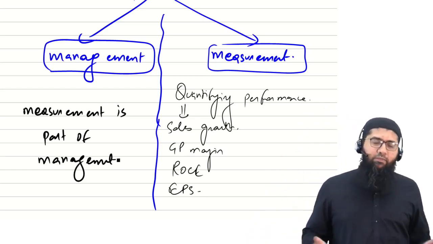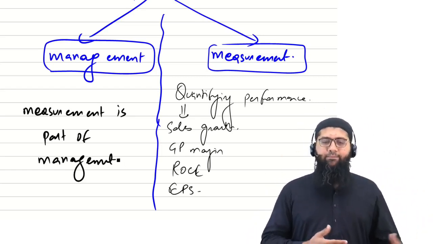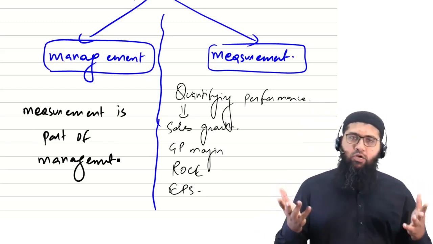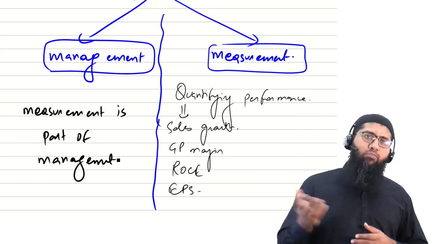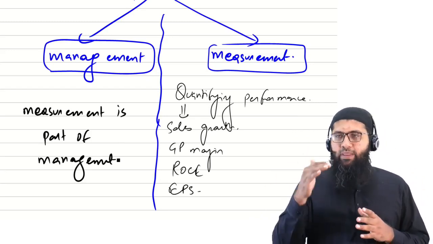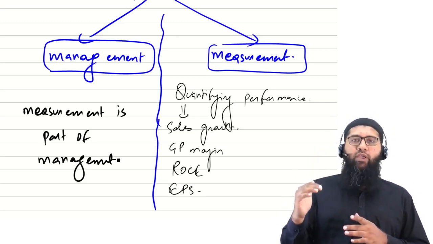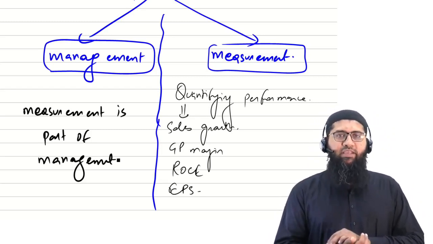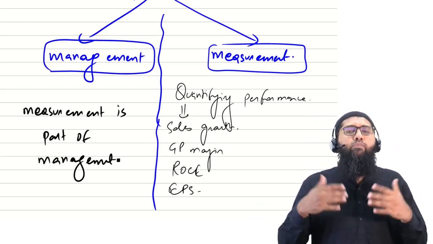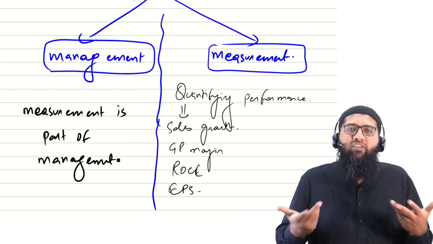You will measure the performance and then you will get an idea whether you are having good sales, good profitability, good margins. When you measure, you'll be able to identify what exactly is going wrong, where exactly the problem is, and then you will be able to go on for the management.